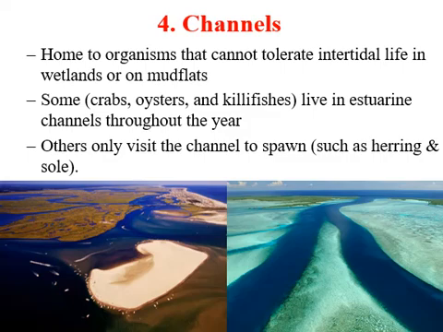Some of these channels are really just deep portions between islands and within sand flats and those kinds of things. But these channels have water moving through them. They're separated physically from the rest of the ocean. Sometimes they're diluted by fresh water, so it's similar to a lagoon in some ways.